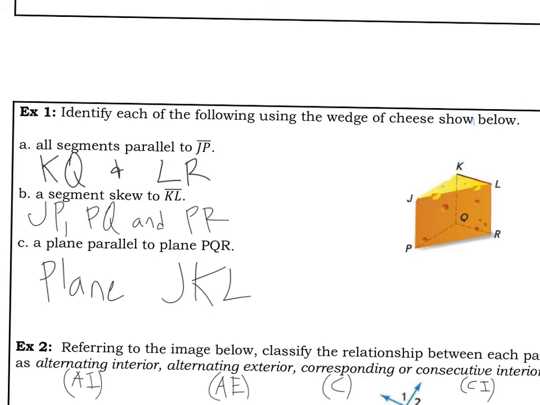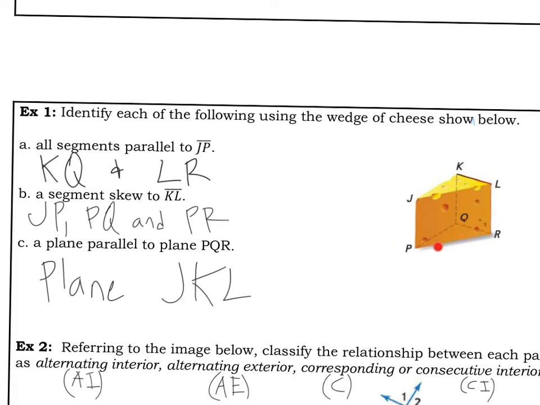So you want to look at something going in a different direction, like JP here, that's clearly not touching the segment of KL. PQ, same thing, going in a different direction, but not touching KL at all. And PR, different direction, not touching KL at all. So those would be some good skew examples right there. And then lastly, identify a plane parallel to PQR.